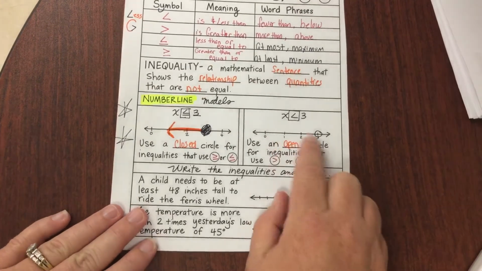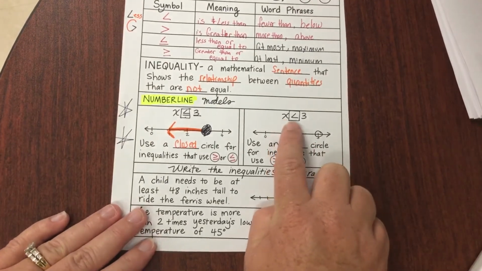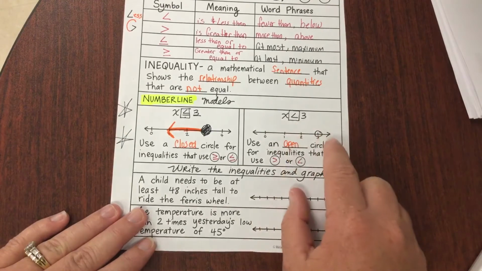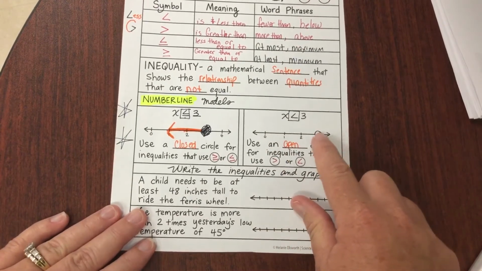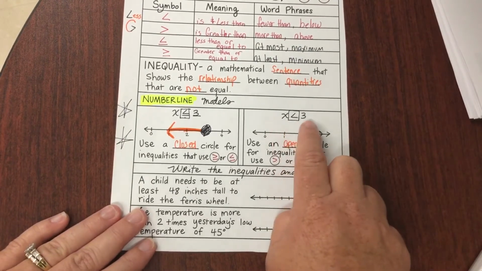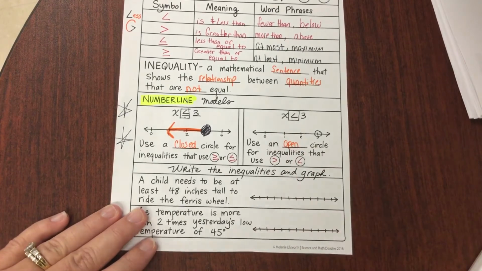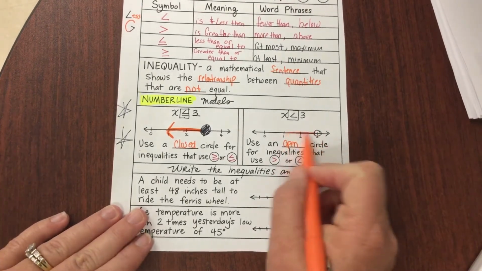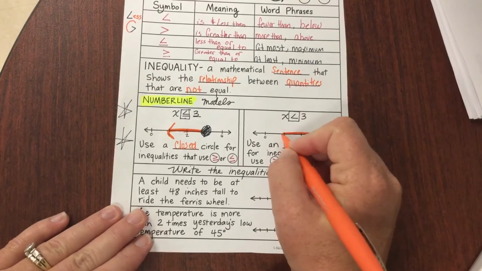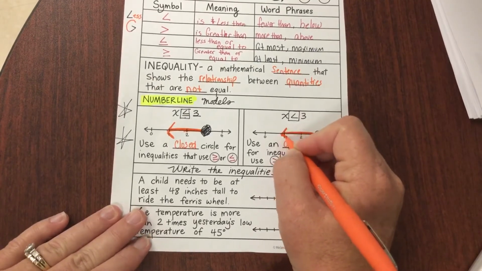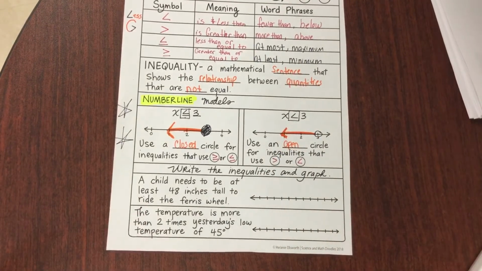So if I plug a 2 into this, is 2 less than 3? Okay, if I plug in a number to the right of mine, 4, is 4 less than 3? So then my arrow will go to the left. With me on that? Yes, no?